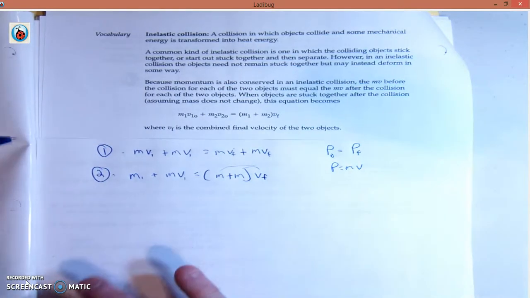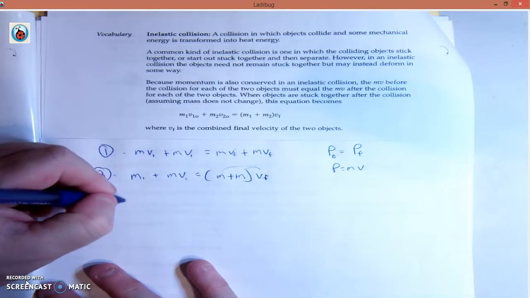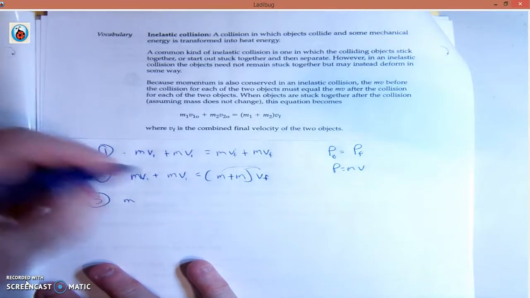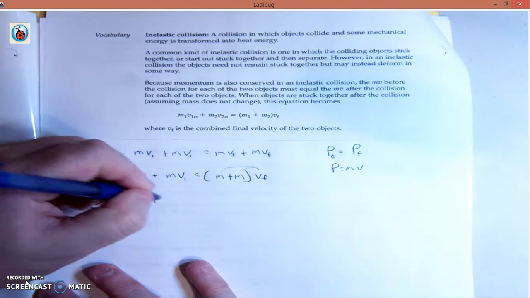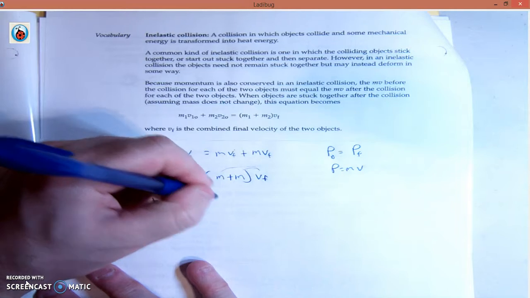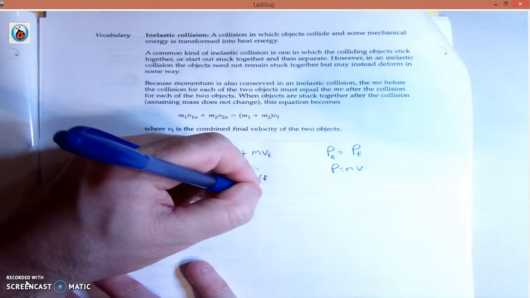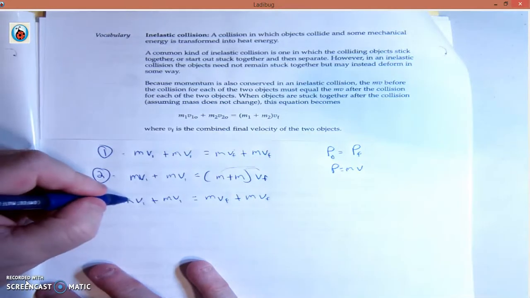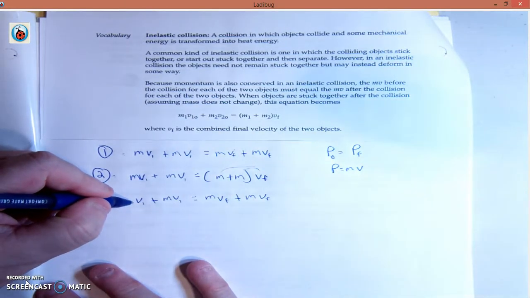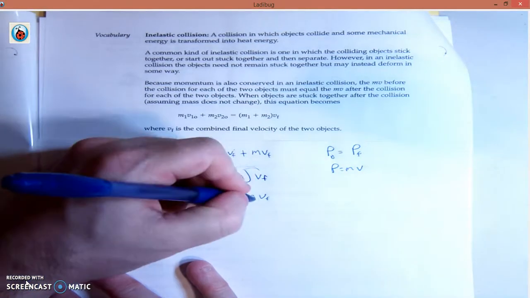Let's look at another way we can write this, and I'm going to add some steps so I can show you how we got this. Mass times initial velocity plus mass times initial velocity equals mass times final velocity plus mass times final velocity. Right now I'm going to add something in here. This is the mass of the first object, this is the mass of the second object, first object, second object.